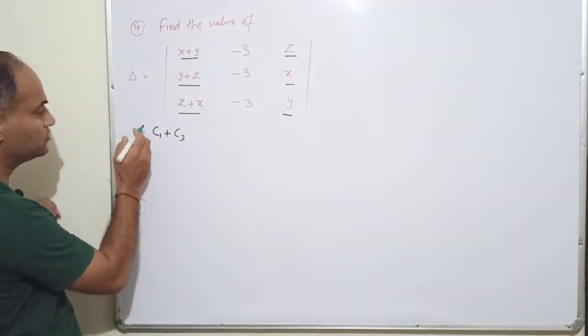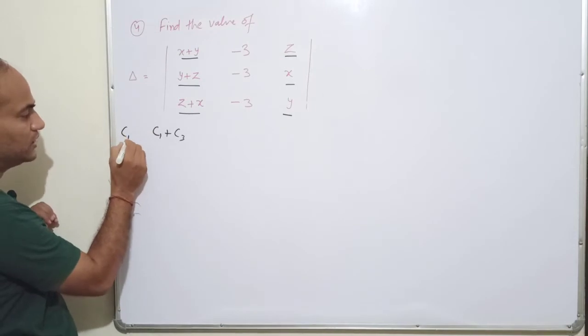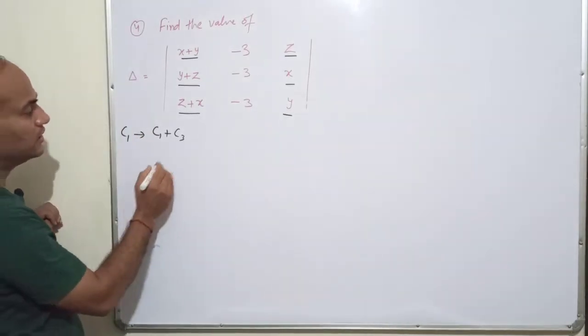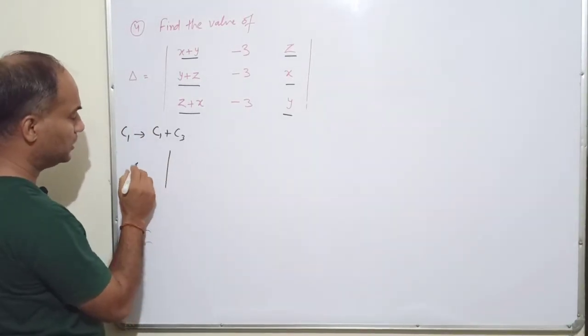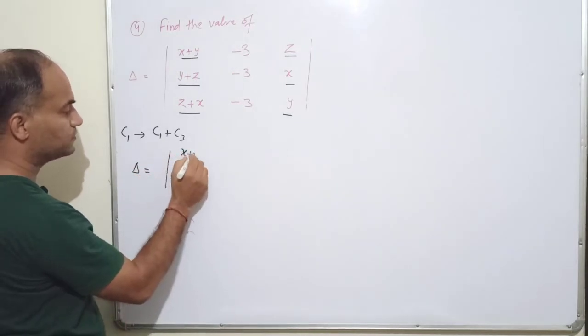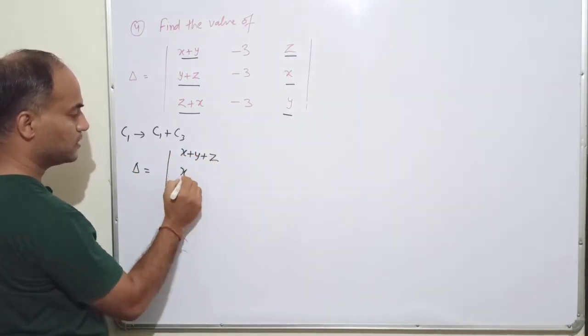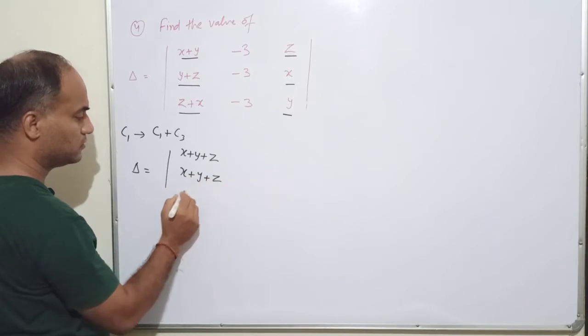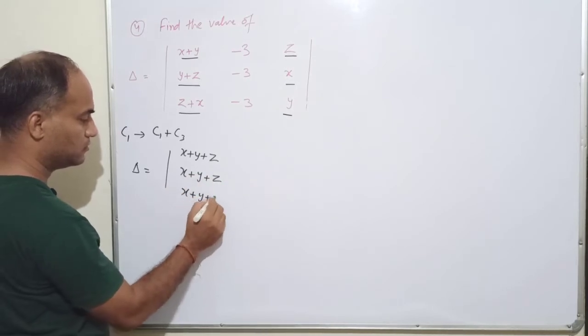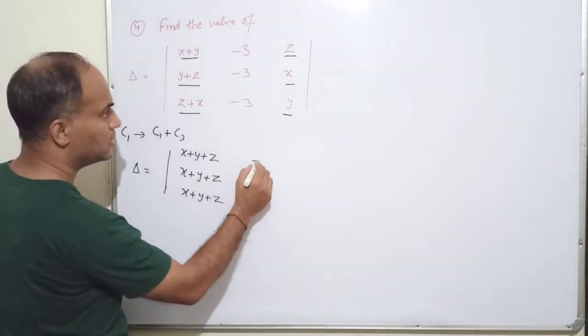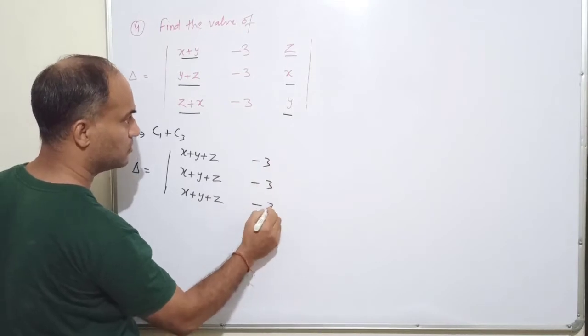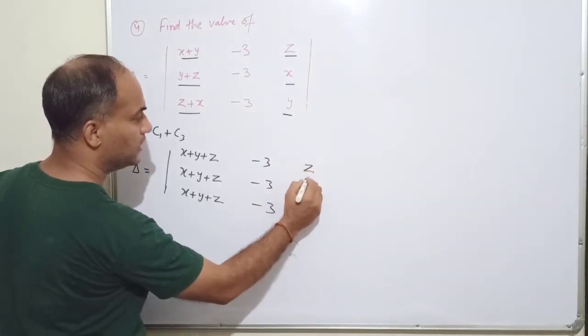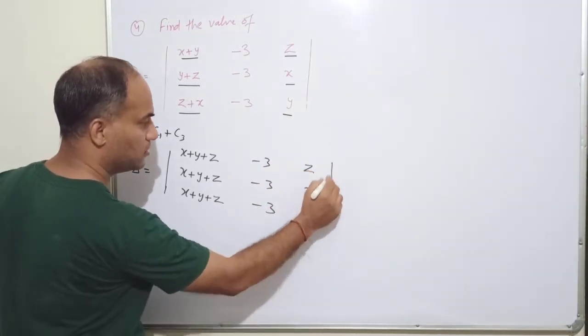Suppose we write this output at the place of c1, then we get delta equal to x plus y plus z, minus 3, and z, x and y.